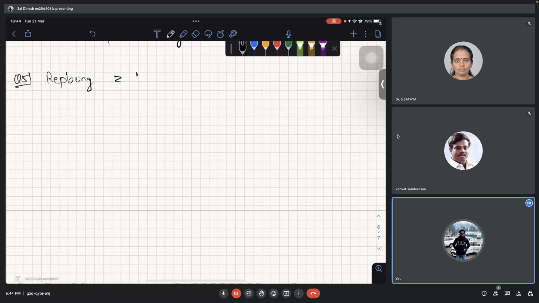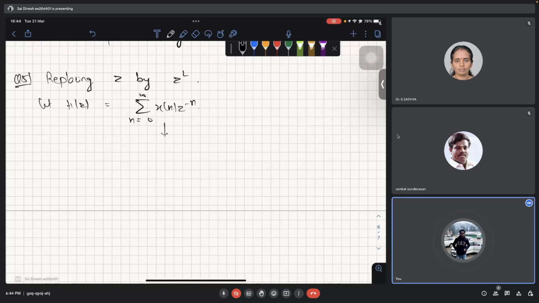Replacing z by z power l. Let h of z be equal to the sum of x of n z power minus n, from n equal to 0 to infinity.